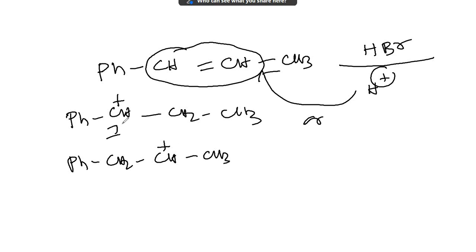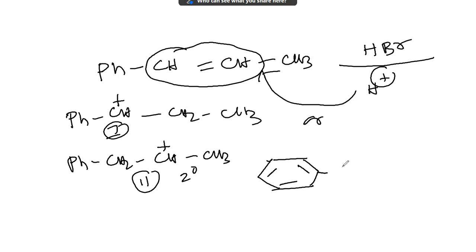It's 1, it's 2. It is only 2 degree, and it is 2 degree with more resonance stabilization, because the phenyl group is over there. In this case, it is resonance stabilized because the pi electrons come into resonance with the positive charge, making it more stable.